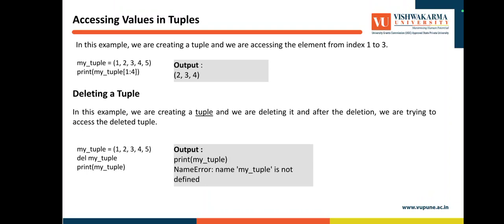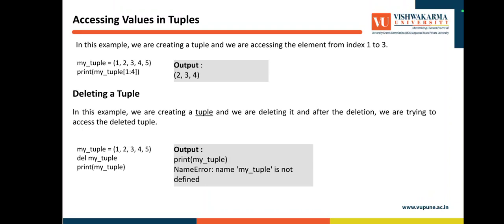We will also see how to delete a tuple. In this example, we are creating a tuple and deleting it. After the deletion, we are trying to access the deleted tuple. So we are storing my tuple, and in it we are storing the values 1, 2, 3, 4 and 5. Now after the deletion, we are also printing my tuple.